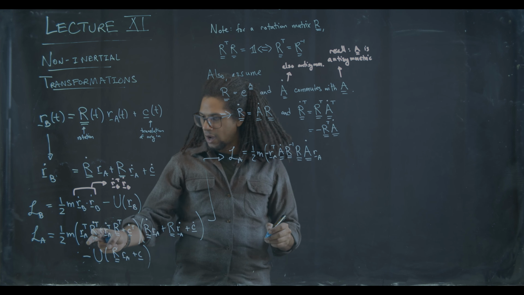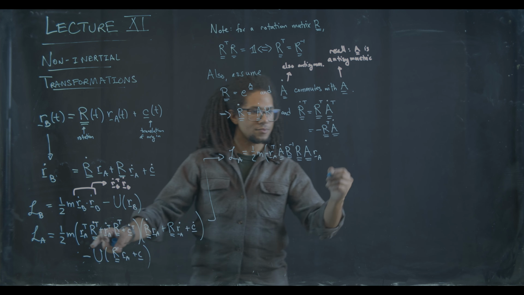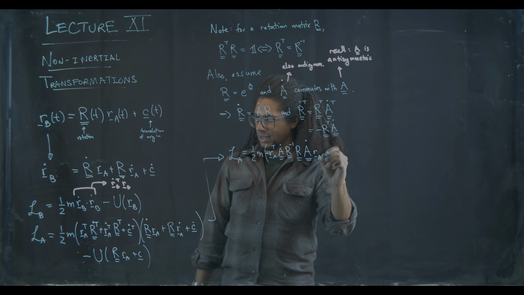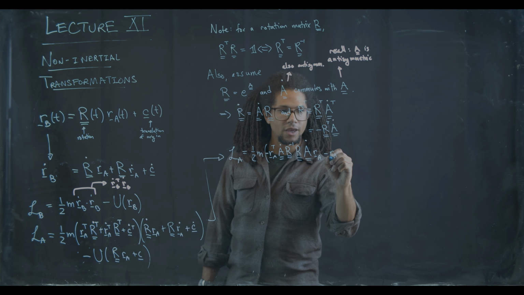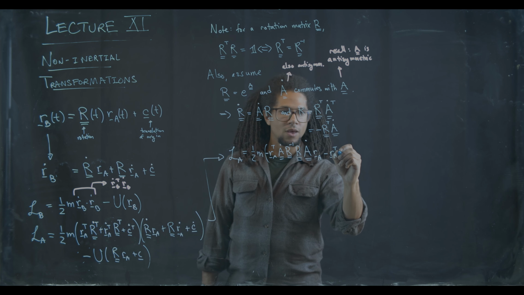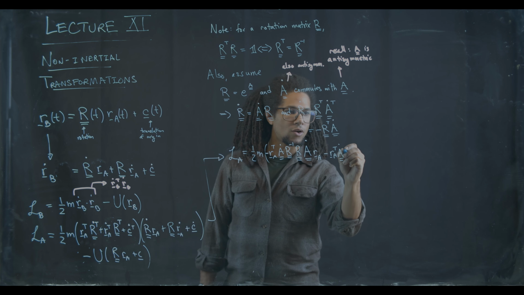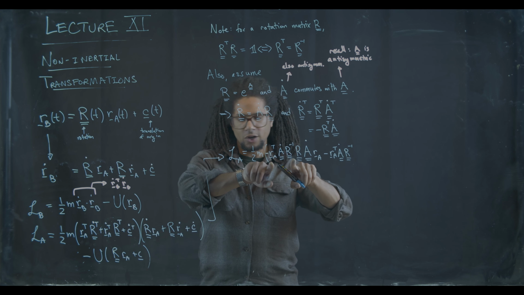Next term, I'm going to have this times this. So that is going to give me minus RA transpose. That minus sign is going to come from the same thing here, A dot R inverse. So notice I'm just writing exactly this first part here.